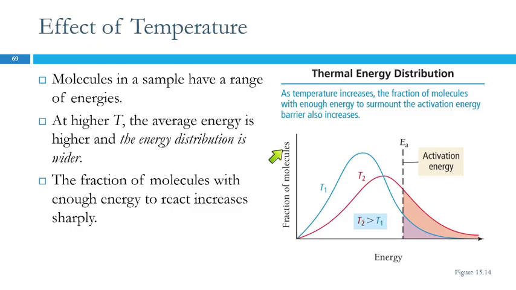So here we've got fraction of molecules with a particular energy. The blue is at a colder temperature, and so we've got kind of a Gaussian distribution here. And we see that the average is around in here. But some are higher and some are lower.